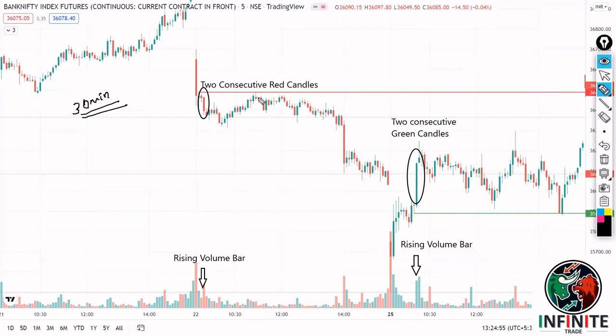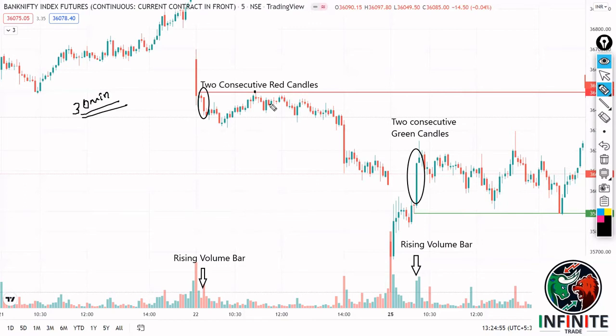When you see Bank Nifty coming to the resistance again, you can definitely go short here with a small SL. I'll keep about 10 or 15 points above so that the SL doesn't hit, and I'll take an entry here. So either I can go for a call short or maybe a put long.